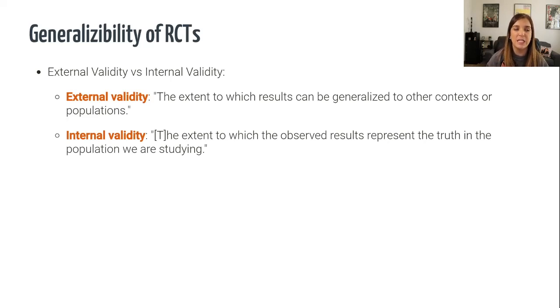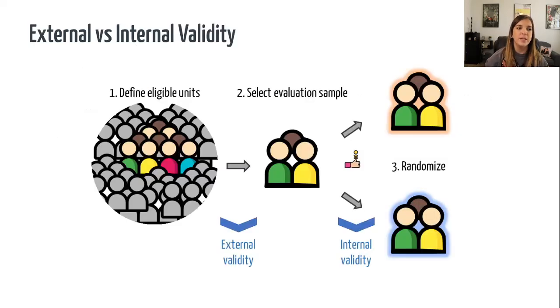So this doesn't necessarily mean that we want to generalize, but for the population that we're studying, meaning the sample at hand, to what extent do the observed results actually represent the truth, meaning are unbiased and consistent. So let's define this a little more simply. First, what we do in a randomized experiment is that we have a population and we define eligible units, right?